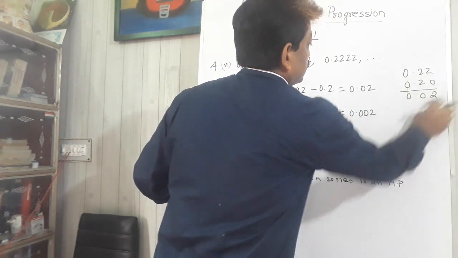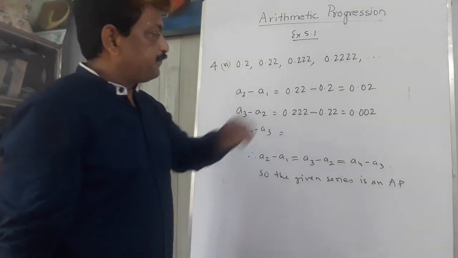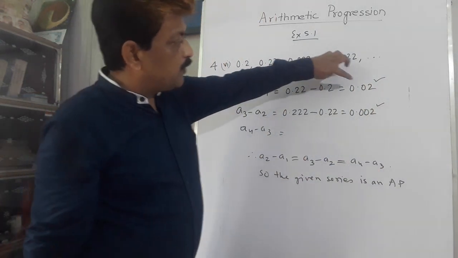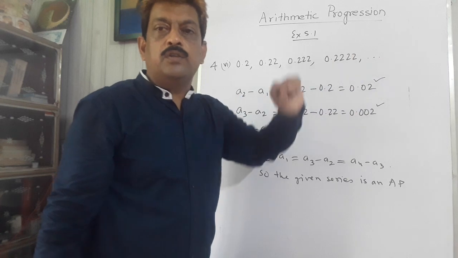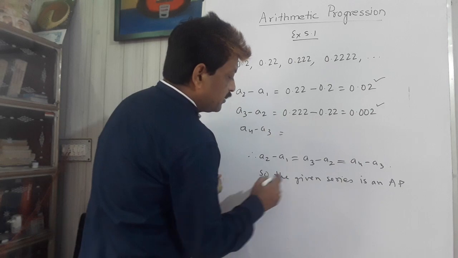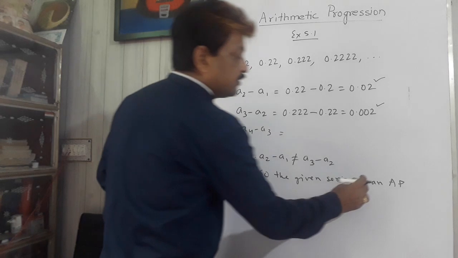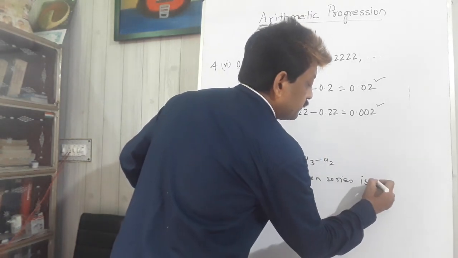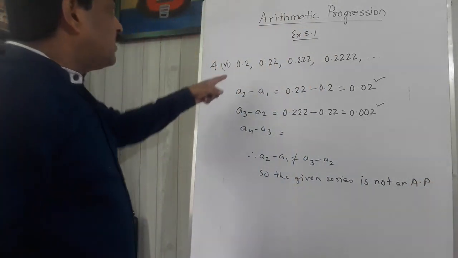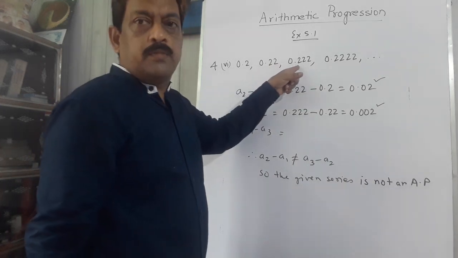Now see these differences between the first and second, and the third and the second. They are not the same. It is 0.02, it is 0.002. They are different numbers. That is, we can say that A2 minus A1 is not equal to A3 minus A2. So the given series is not an AP, because a fixed number is not added to the first number to get the second number, and the second number to get the third number.